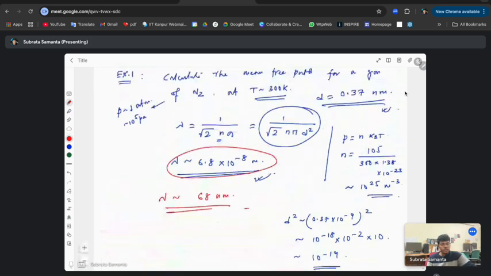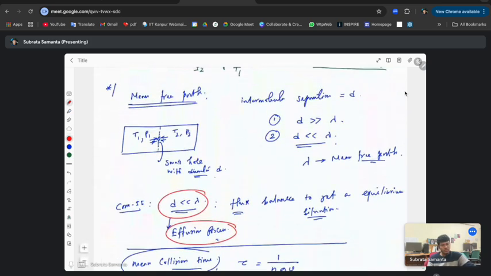So in the effusion process, where d is very much less than lambda, to reach an equilibrium system, we balance the fluxes, right?